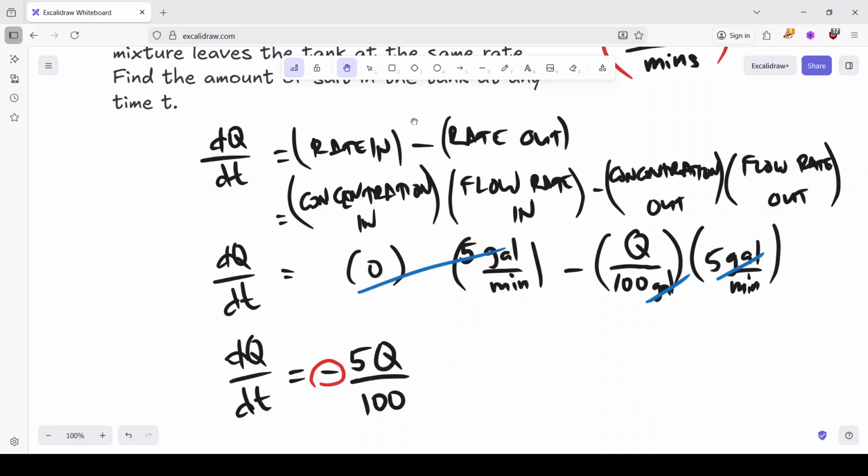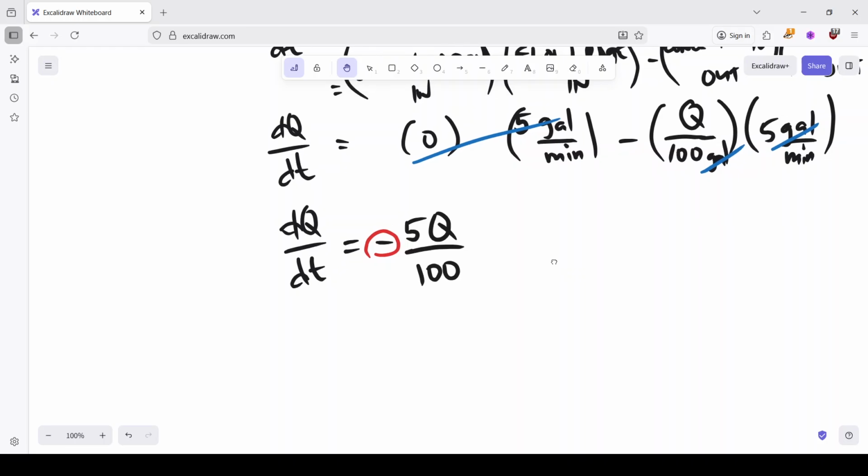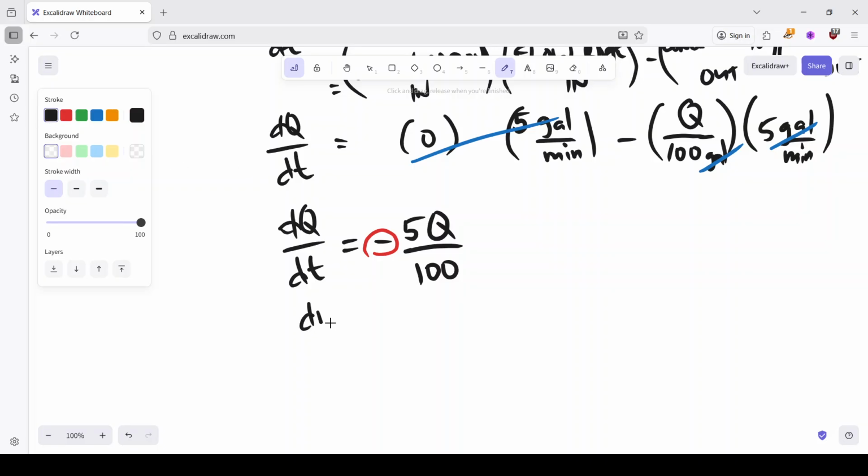Resuming, notice that this is a variable separable equation. So let's try to solve this one. dQ over Q is equal to negative 5 over 100. Negative 5 over 100 simplifies to negative 1 over 20.